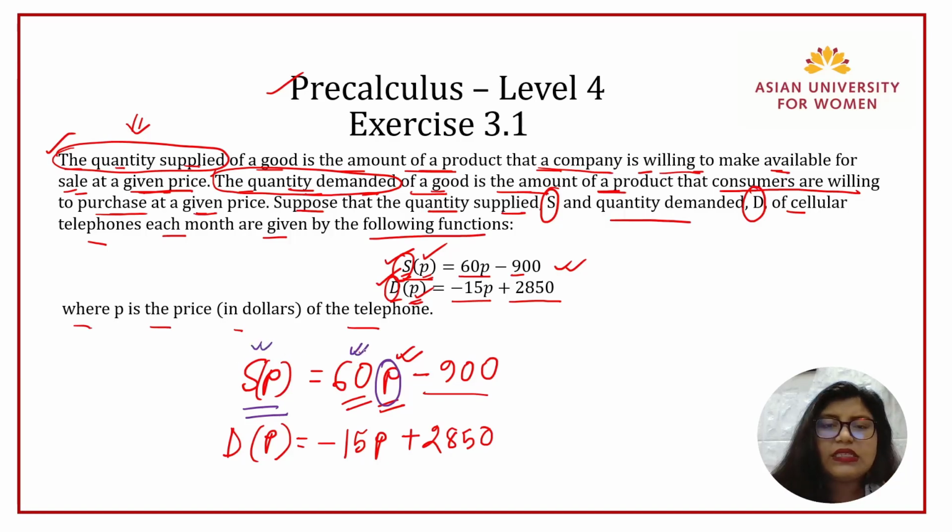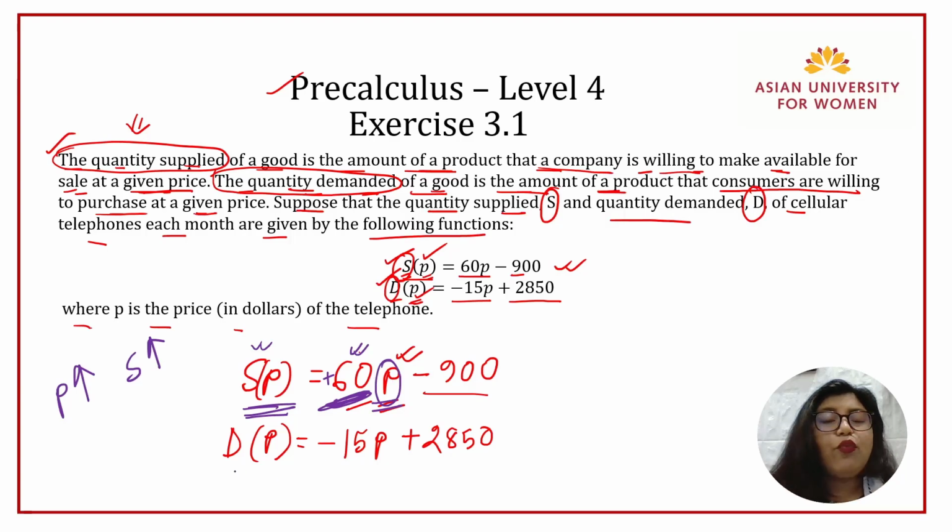Now 60 is the slope associated with P, and you can see that it is positive. That means there is a positive relationship between price and supply. If price increases, supply increases. That is the reason why the slope associated with P is positive, right?